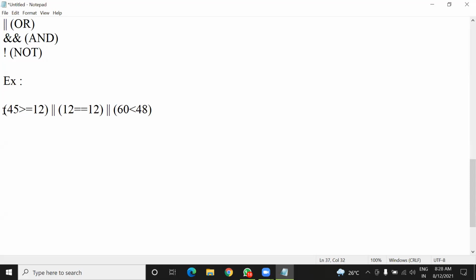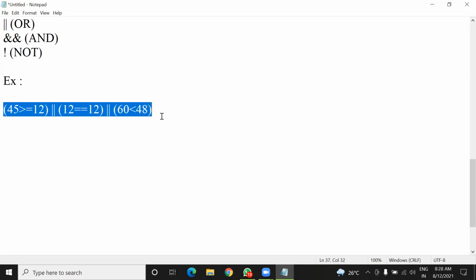So here in this example, I have taken three relational expressions, and all these three relational expressions are combined using the OR operator. So first of all, you should know how OR works. In case of the OR operator, if at least one of the conditions is true, then the overall result will become true.